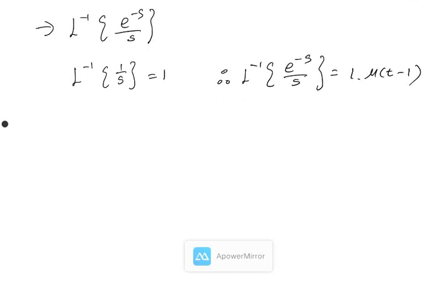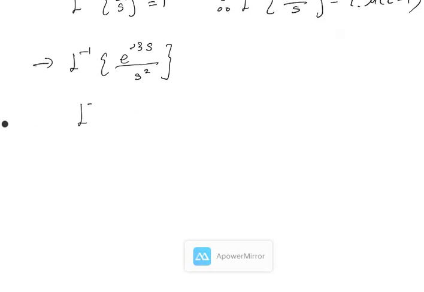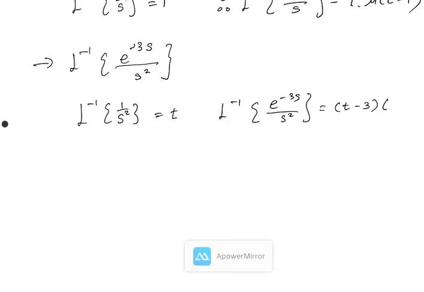And then next, for the inverse Laplace transform of exponent negative 3s over s squared, we obtain the inverse Laplace transform of 1 over s squared is equal to t. Then the inverse Laplace transform of exponent negative 3s over s squared is equal to t minus 3 unit step t minus 3.